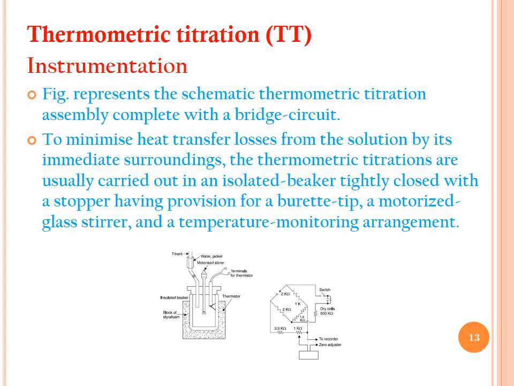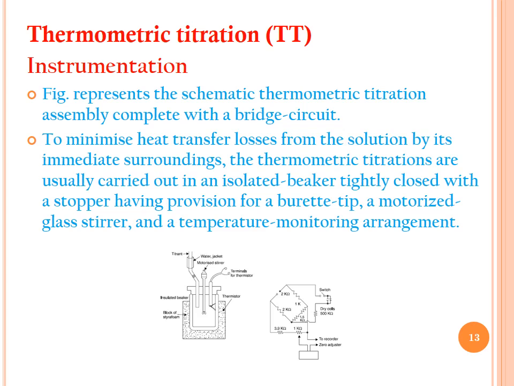Continue with the instrumentation figure. This figure represents the schematic thermometric titration assembly complete with the bridge circuit at the right side of the figure. To minimize heat transfer losses from the solution to its immediate surroundings, thermometric titrations are usually carried out in an isolated beaker tightly closed with a stopper having provision for a burette tip, a motorized glass stirrer, and a temperature monitoring arrangement.